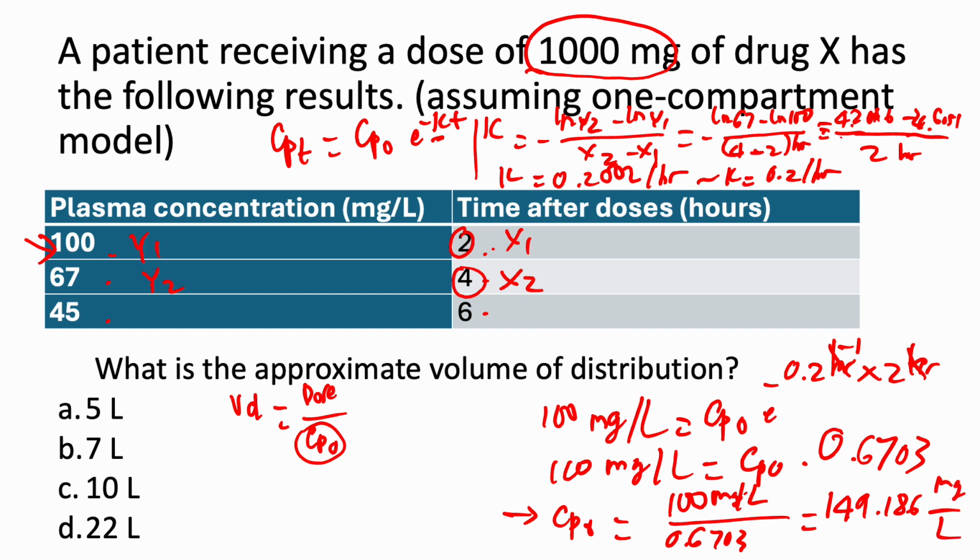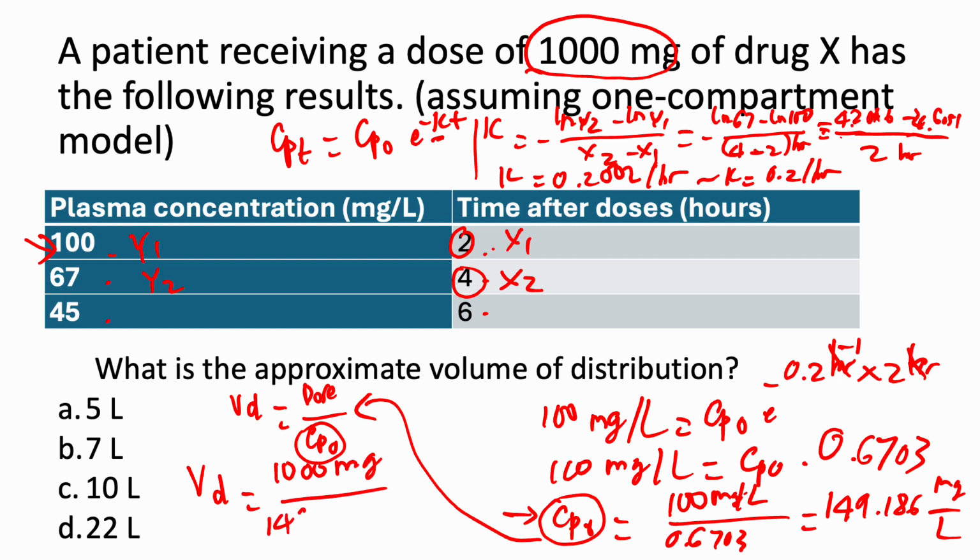milligram per liter. Now I use this value CP0, I plug into this equation. So I have volume of distribution will be equal to dose 1000 milligram divided by 149.186 milligram per liter.